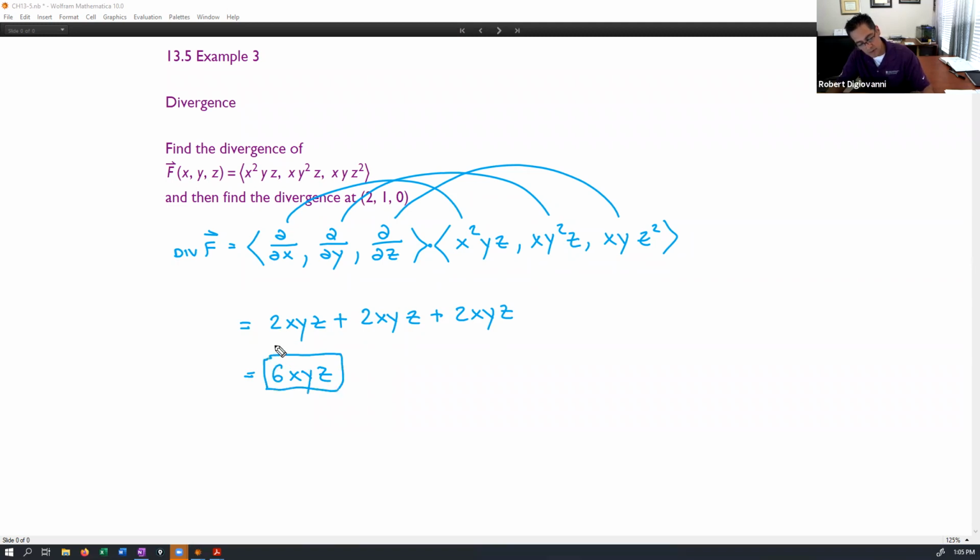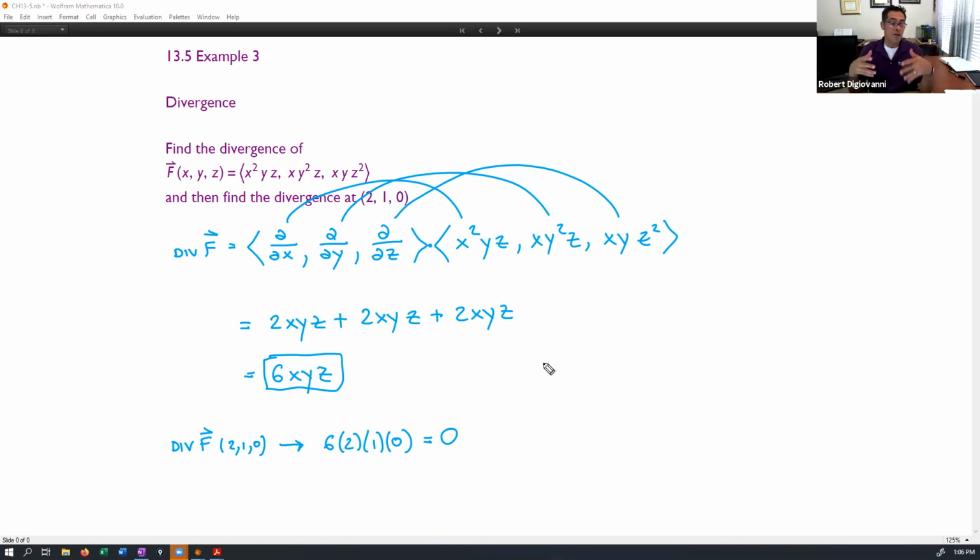That is the div of the vector field. So if we wanted to find the div of the vector field at the point 2, 1, 0, then all we do is replace X with 2, Y with 1, Z with 0. Well, that's just going to give a 0. So the div would be 0. And it's a number, not a vector.